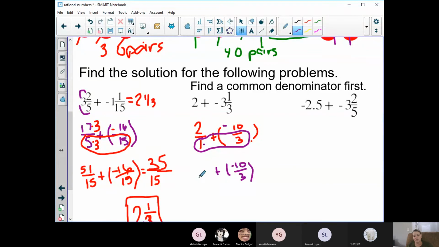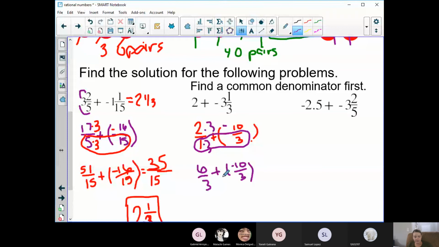To change 1 to thirds, what do I multiply by? 3. So I have to multiply the numerator by 3, so that gives me 6/3.